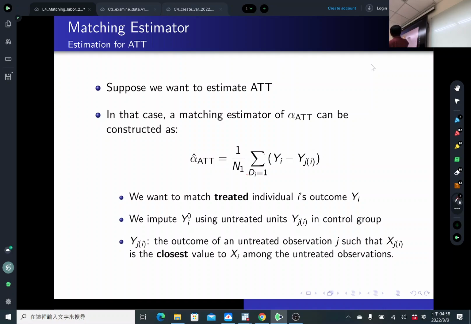For example, we want to estimate the causal effect on the treatment group. Okay. So in that case, matching estimator can be constructed like this. Okay. So we want to know how does the job training program affect the treatment group's earnings.